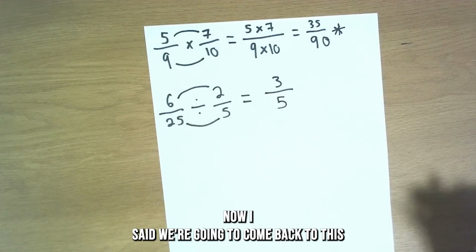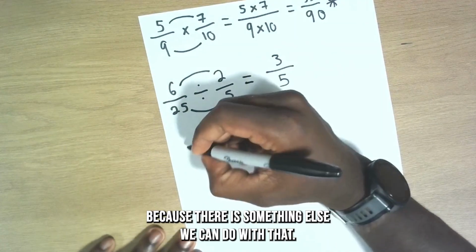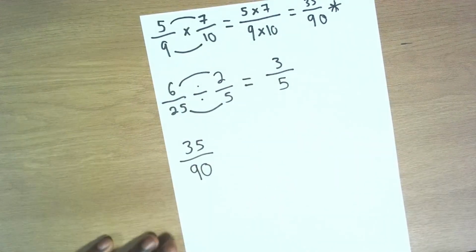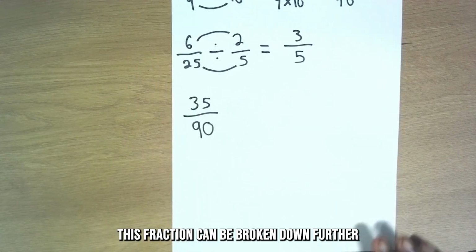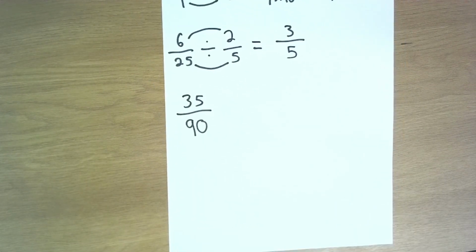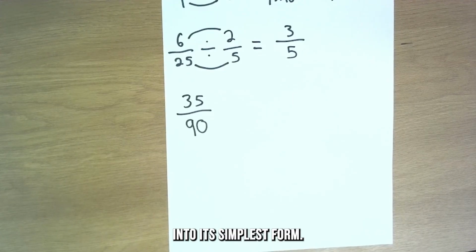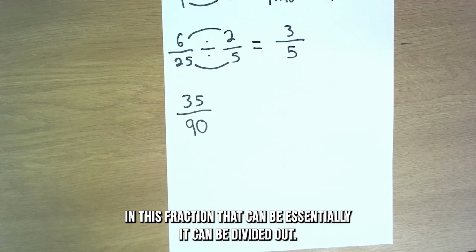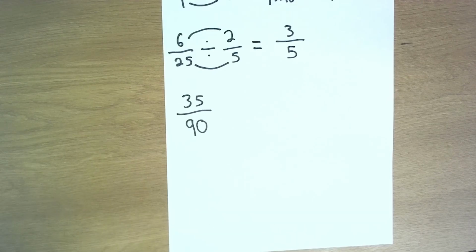Now, I said we're going to come back to this because there's something else we can do with that. This fraction can be broken down further into its simplest form. We call it simplification. Right now, I'm seeing something in this fraction that can be divided out.